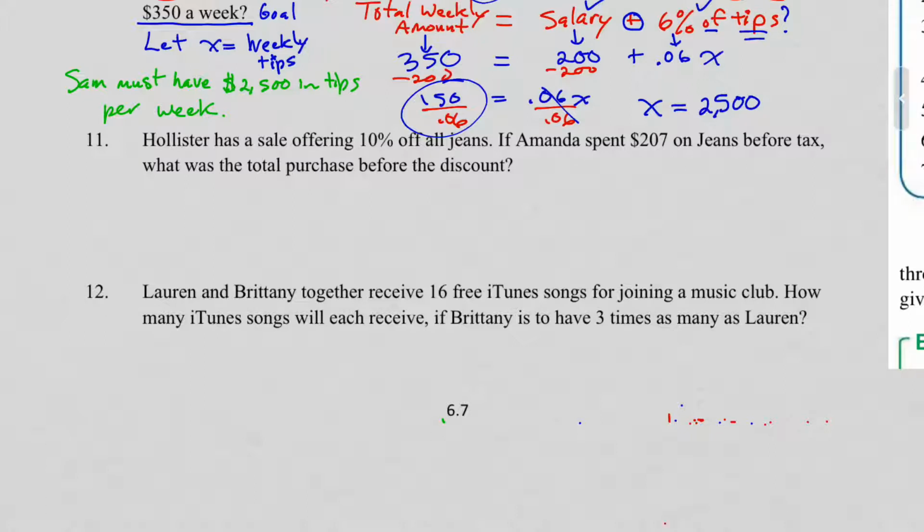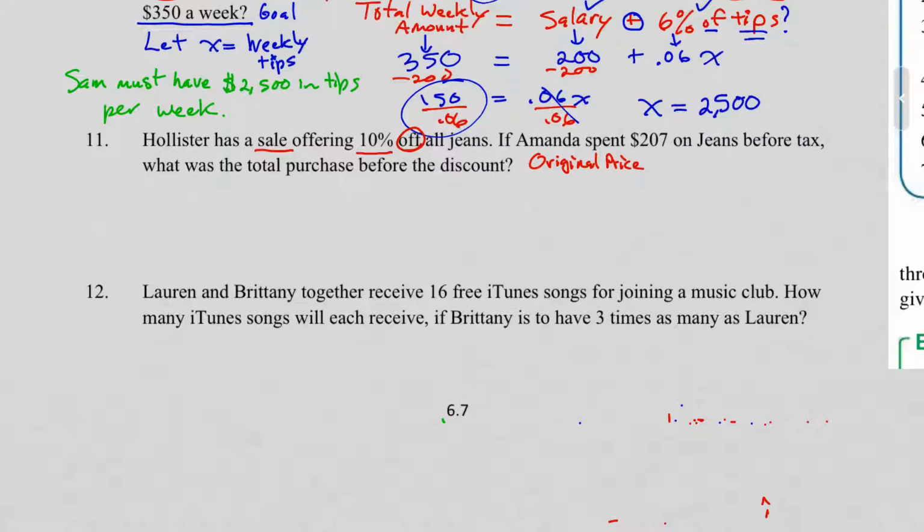How do I know that? Because there's a sale going on, and that sale is 10% off. Okay? What does that mean, off? Well, that means 10% off the original price. So when you're building your equation, actually when we visualize, we say, wait a second, we have the original price.